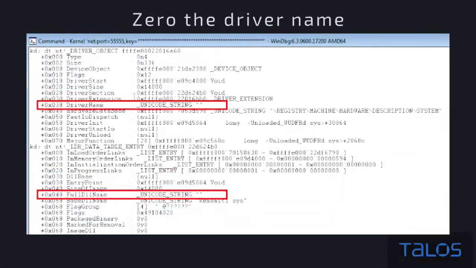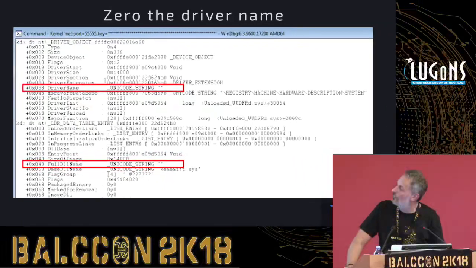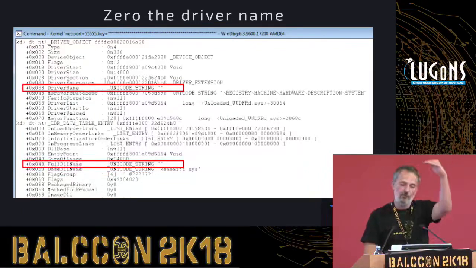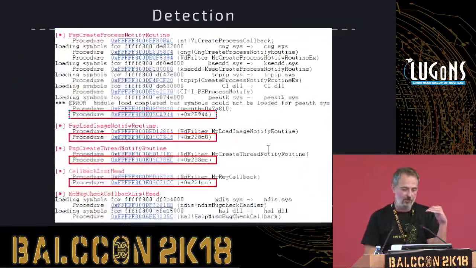Then you have driver object structures, and you also have this loader data table entry, which, I'm sorry, you can't see that well, but basically there are two objects and they have the name of the driver here in red, and malware in this case zeroes out both the full DLL name and the driver name. So when you zero it out, scanning with any of those extensions won't necessarily give you great results.